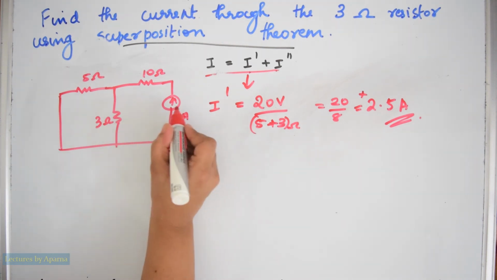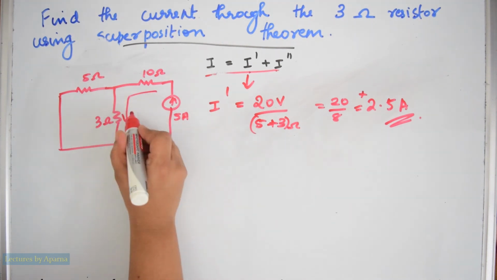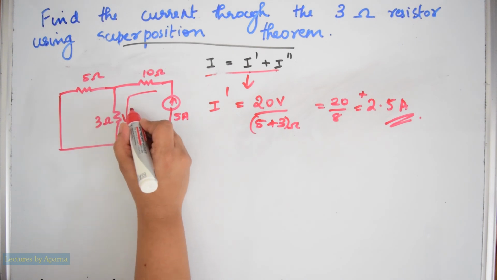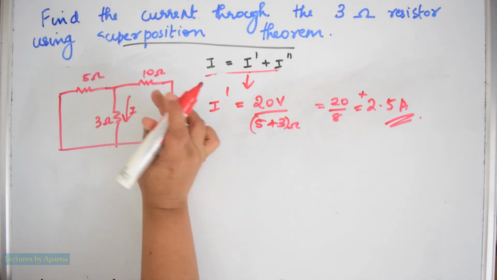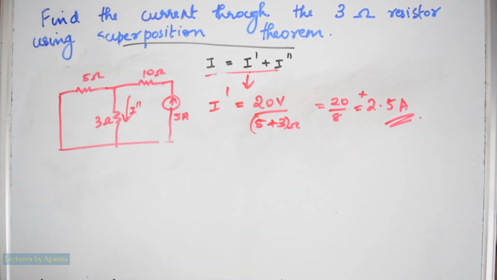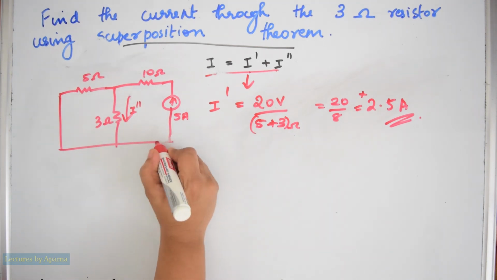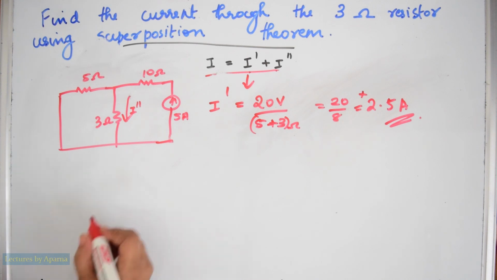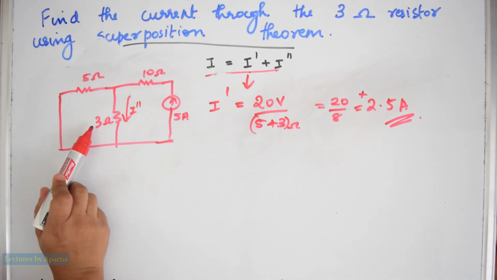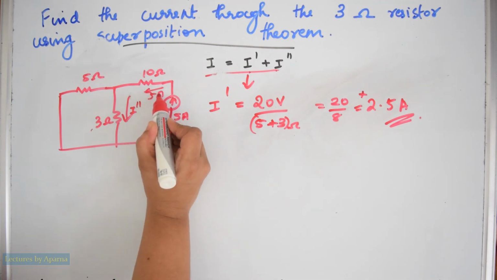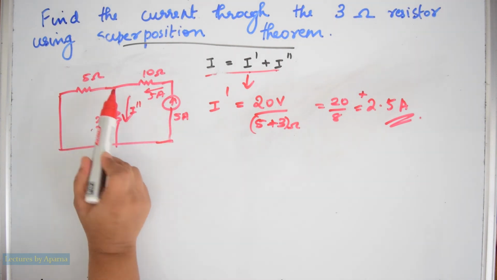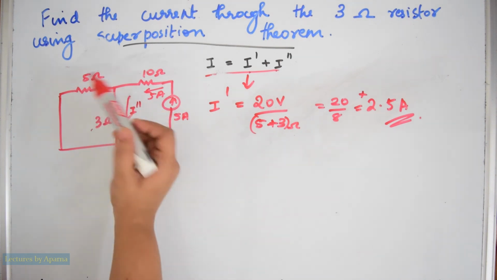Again we have to find the current. Let the current passing through the 3 ohm resistance be I double dash. Since 5 and 3 are in parallel, this 5 ampere will come here and get split between the 3 ohm and this 5 ohm.